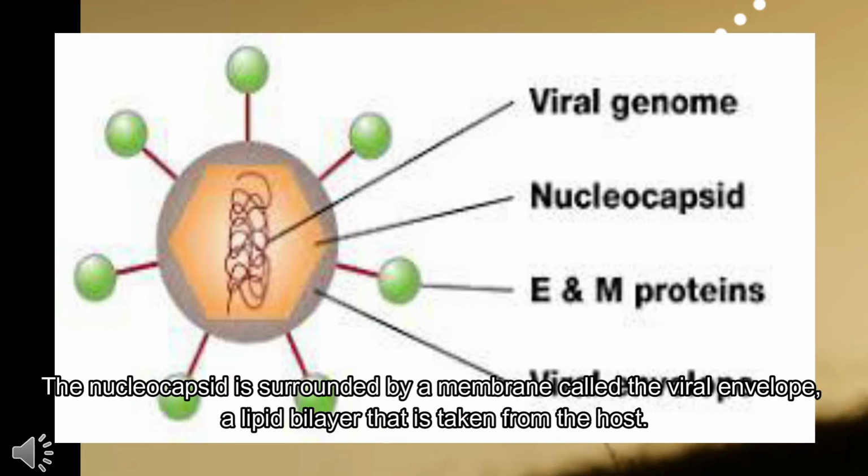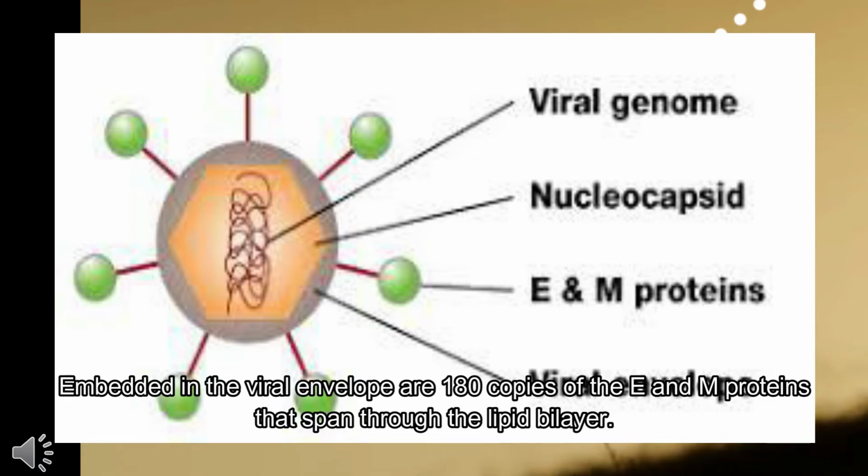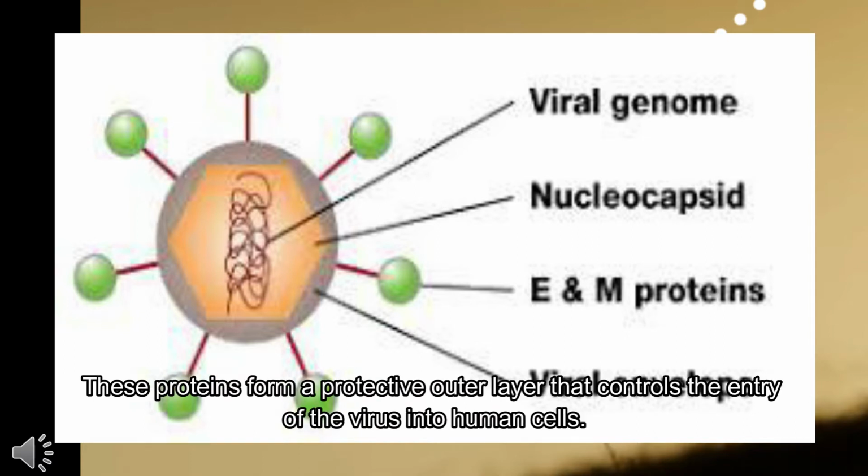The nucleocapsid is surrounded by a membrane called the viral envelope, a lipid bilayer that is taken from the host. Embedded in the viral envelope are 100 active copies of the E and M proteins that span through the lipid bilayer. These proteins form a protective outer layer that controls the entry of the virus into human cells.